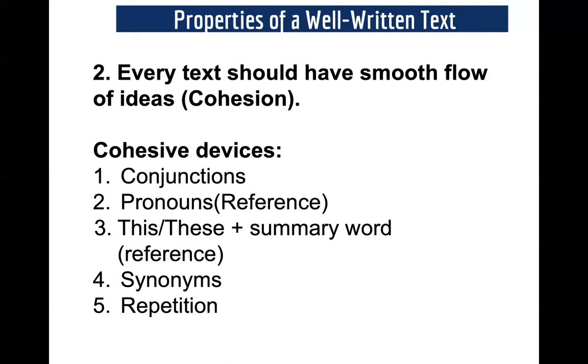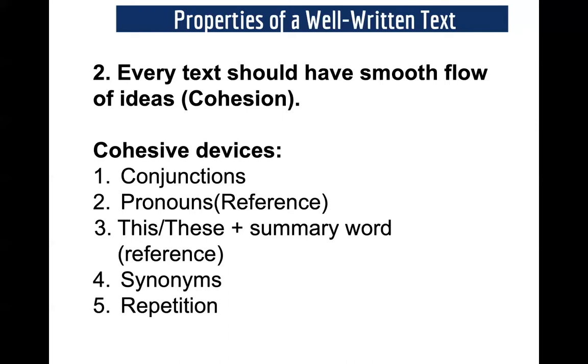Next, number two. We had number one earlier: in order to write an effective essay, you should observe the qualities of a good essay, like unity, coherence, and emphasis. That's one. Number two is every text should have a smooth flow of ideas.